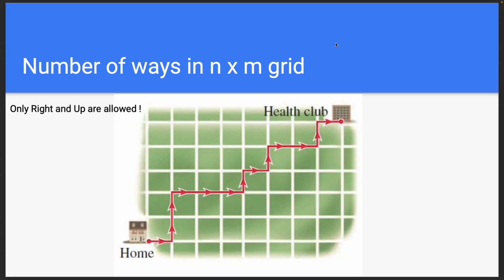The only possible direction you can go is one step to the right or one step up. Because of that, you cannot go left and down, so you cannot go out of this rectangle. So the problem asks for the number of ways to do that. We can wait a little bit to think on it.